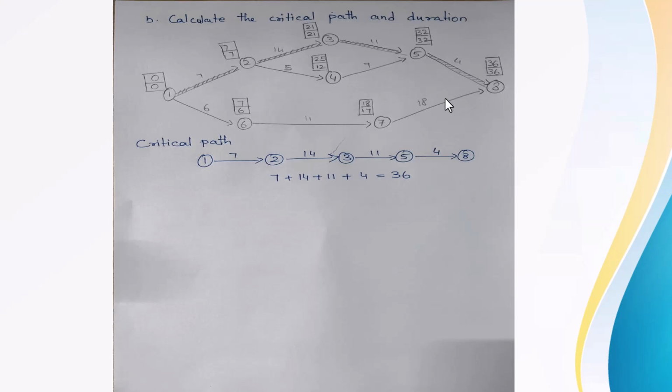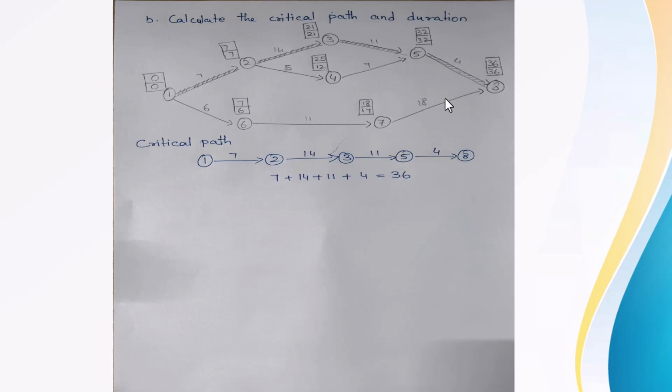Early start time is that we will move forward. So, for the first activity, when we are going to start the construction, the duration that has passed is 0. There is no work done in the construction, so it will be taken as 0.